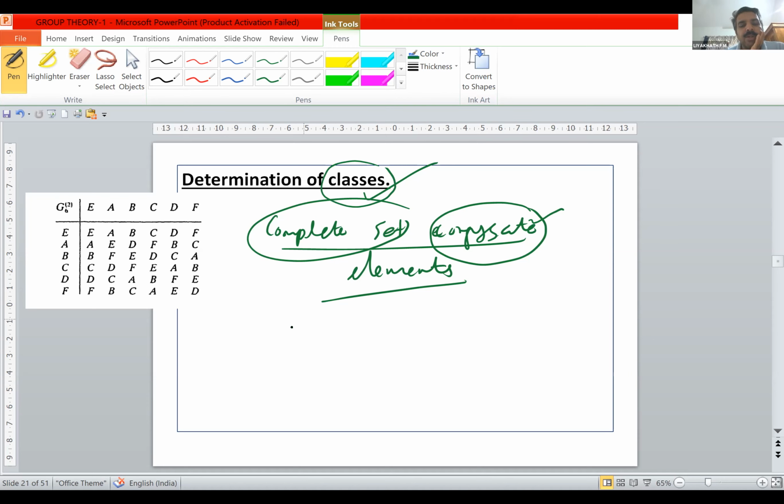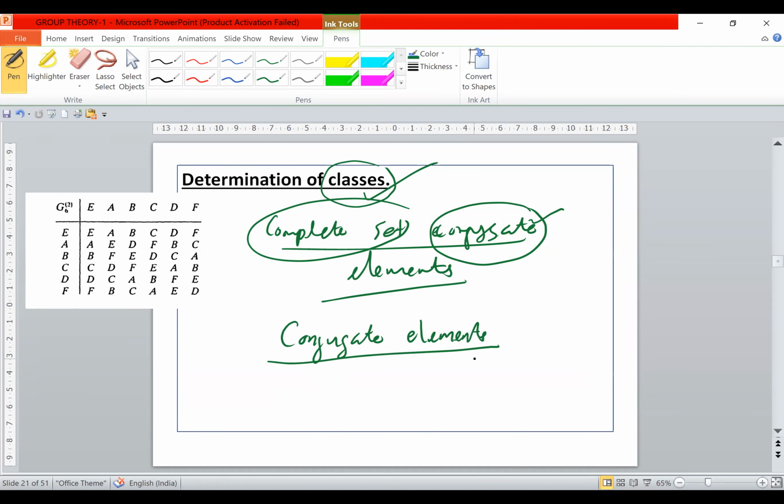Okay, and what are conjugate elements? What do you mean by conjugate elements? Please answer. Elements which are related by a similarity transformation.